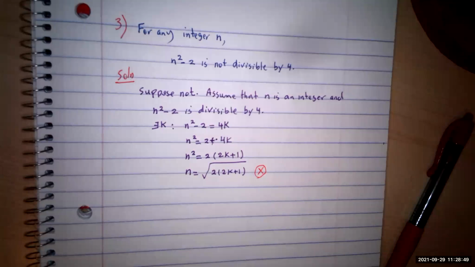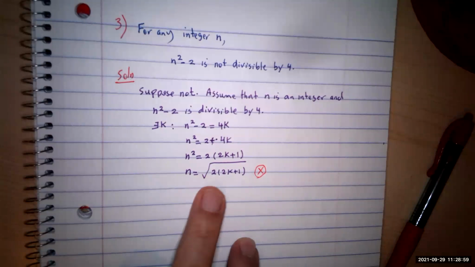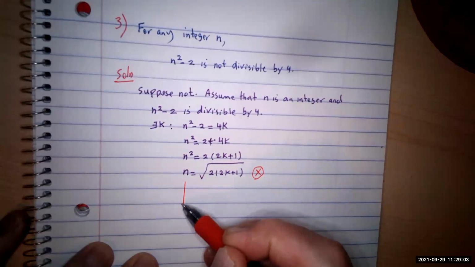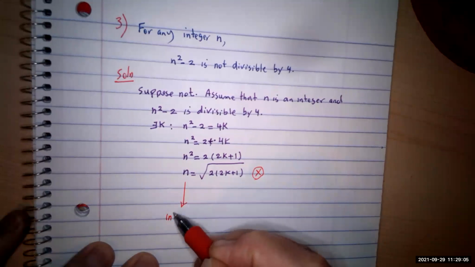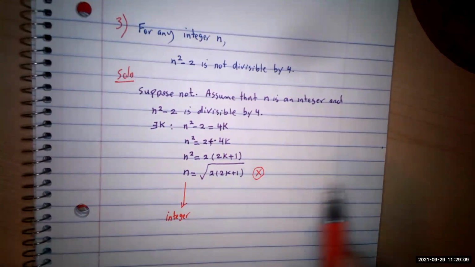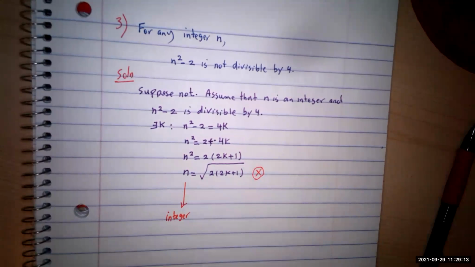Okay, let's see what we need to prove. What you need to know is you should be able to take this one outside the radical, because you are right, n is an integer. So if you can prove that you cannot take this one out of the radical, then you are right.